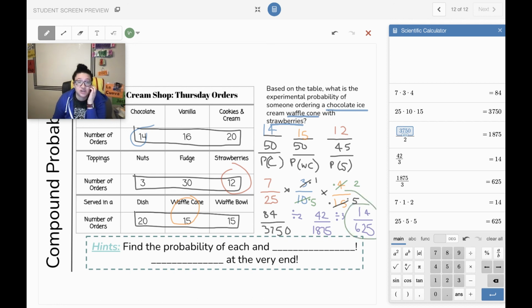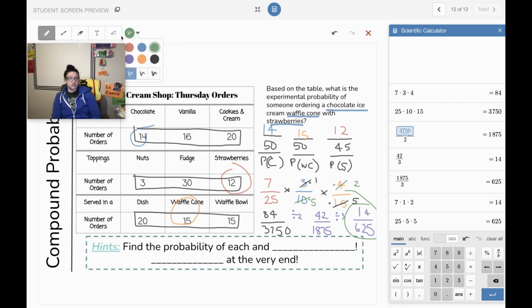These questions get tricky because of the simplifying. They really do. A good test-taking strategy would be to just put that ugly number, turn it into decimal form, and see what fractions match that ugly decimal that you're going to get from dividing those numbers.